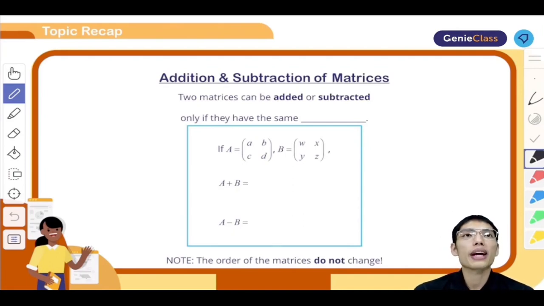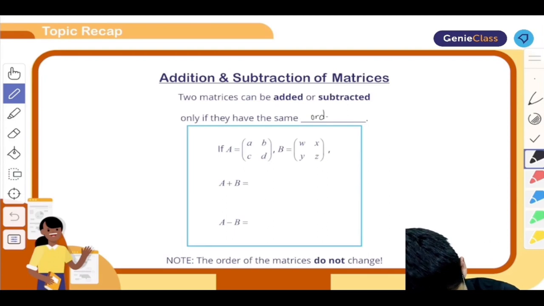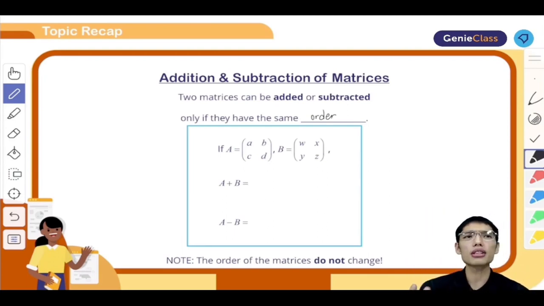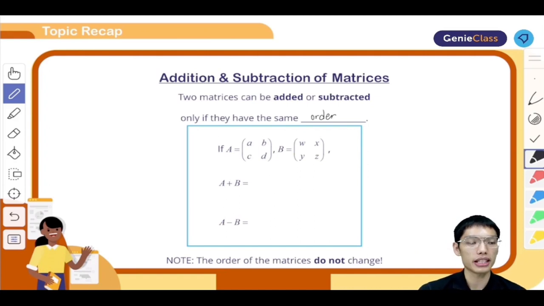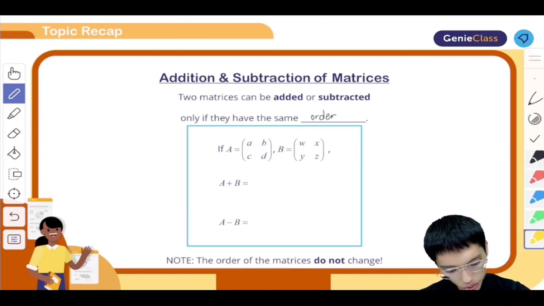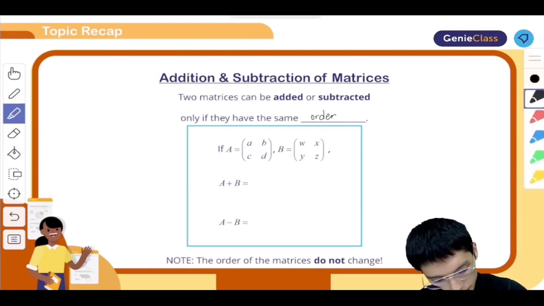All right. Now, following up, let's again. If I were to add and subtract them, again, the keyword is they have to have the same order. If they are different size, this follows very similar to multiplication. You don't have enough elements to add them up. And in this case, the order do not change when you add them. So therefore, in this case, suppose A plus B. Again, we add them according to their positions. If I were to color code them again. So do some color coding.